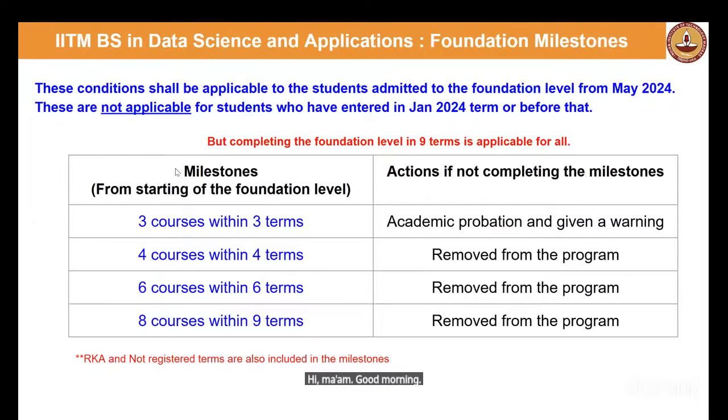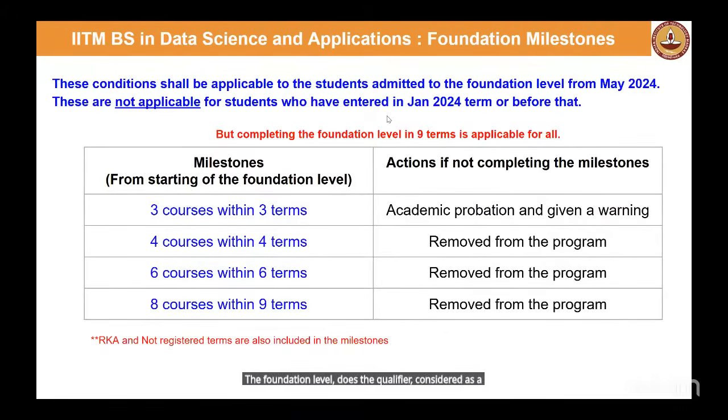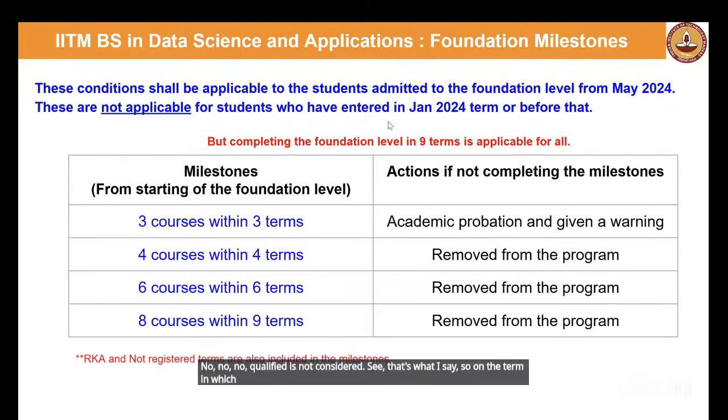I have a doubt regarding the slide which you have shown. You said 3 courses within 3 terms, right? Yes. And 4 courses within 4 terms. Does the qualifier count as a term at the foundation level? Qualifier exam? No, the qualifier is not considered. See, that's why I say count from the term in which you get your student email ID.